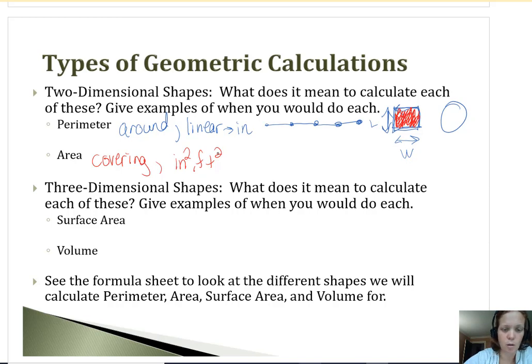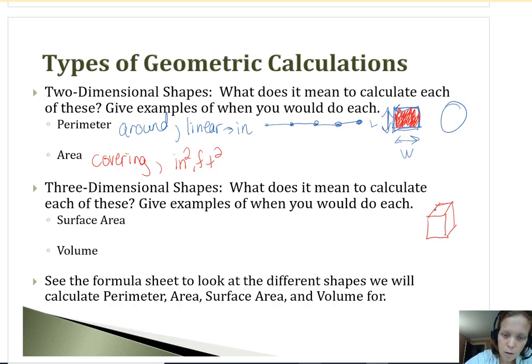Now when we get to three-dimensional, let me attempt to draw a three-dimensional cube. It's hard to draw three-dimensional shapes on a two-dimensional piece of paper like you guys have in front of you.